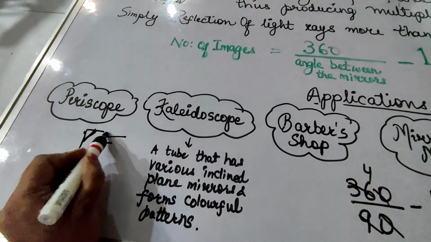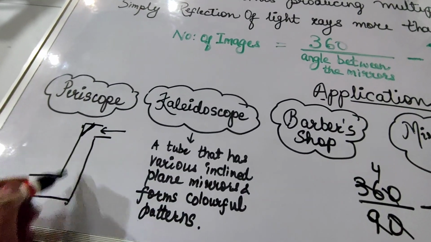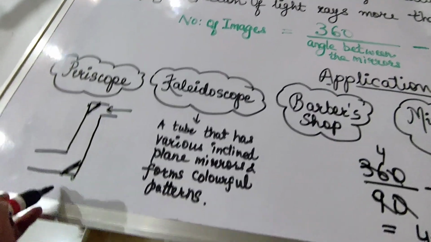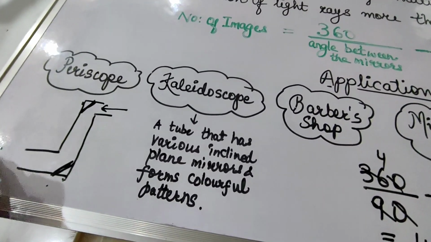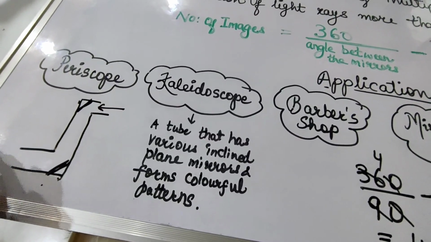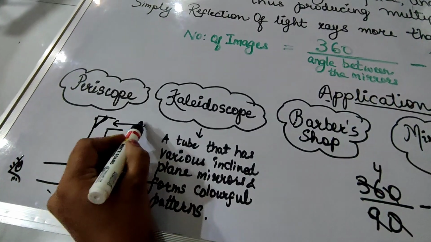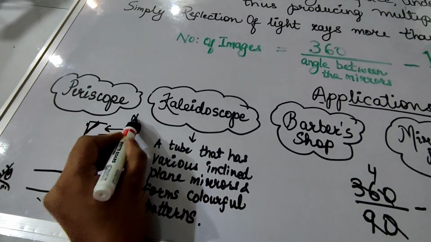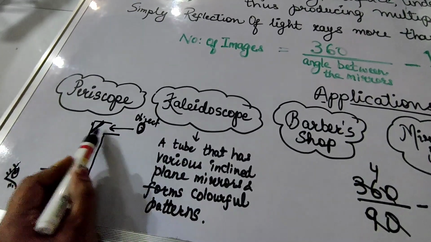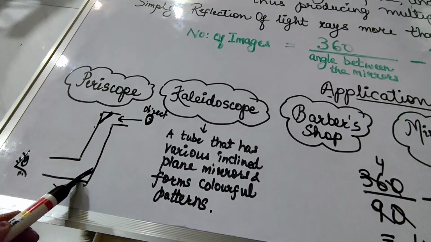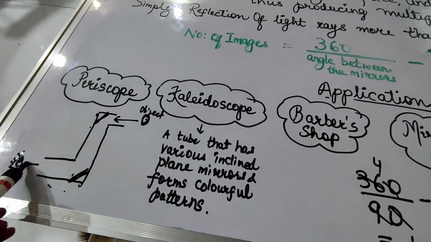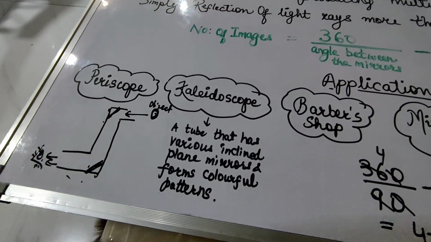The object reflects the light here. Then the same reflection is taken at this particular angle, and the person looking from this side is going to see that image. The object light is reflected here, then this reflection goes here and is then taken into your eyes, and you can see the object.